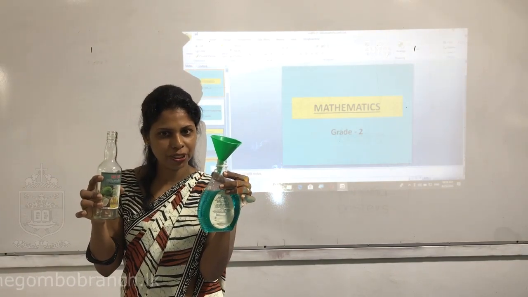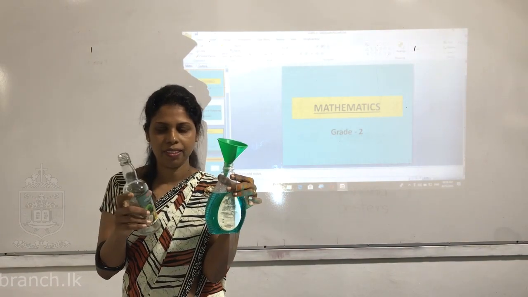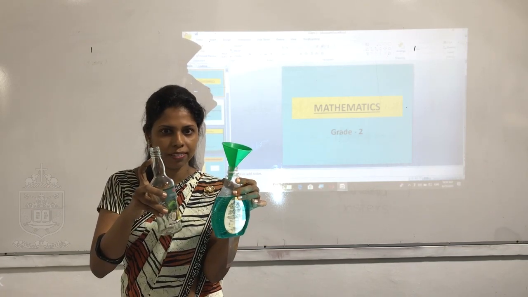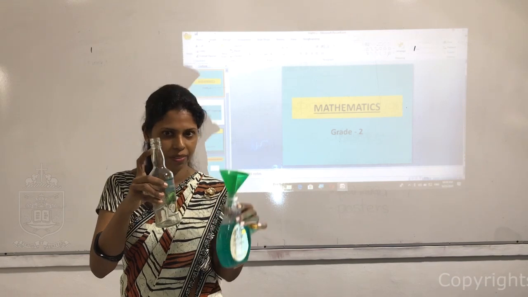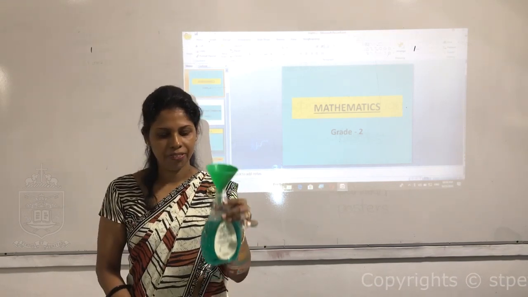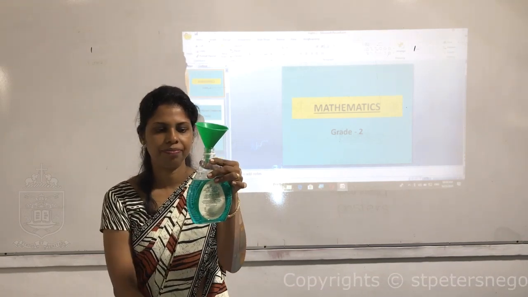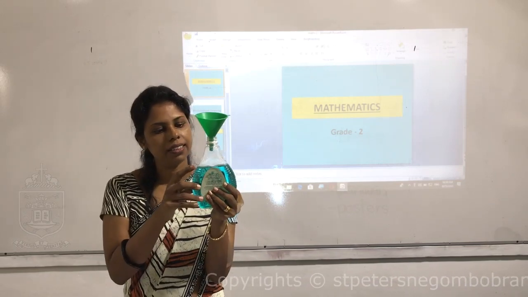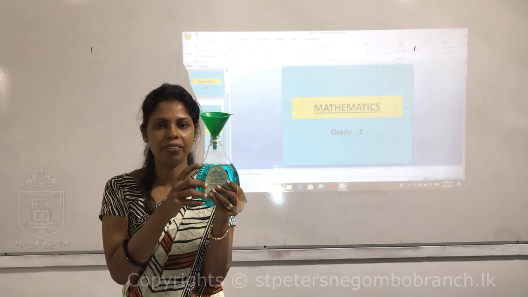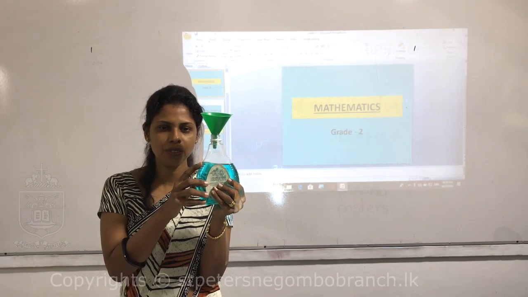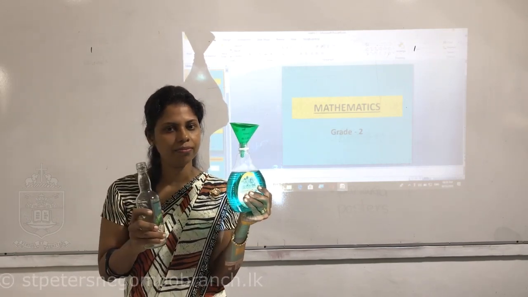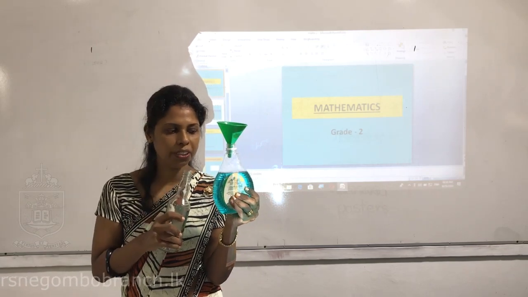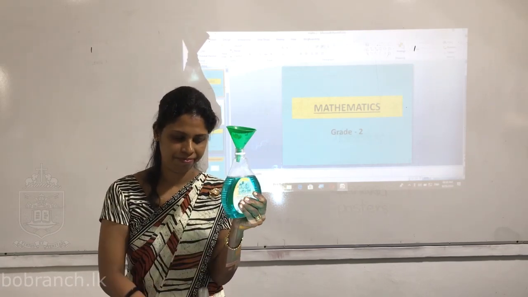Now, what can you say? Earlier, this bottle had the water up to this level. When I fill this bottle, now it is up to this level. So what can you say about these two bottles? We couldn't fill this bottle.